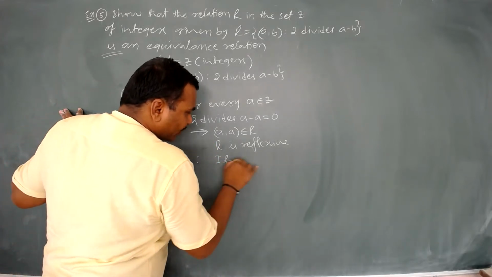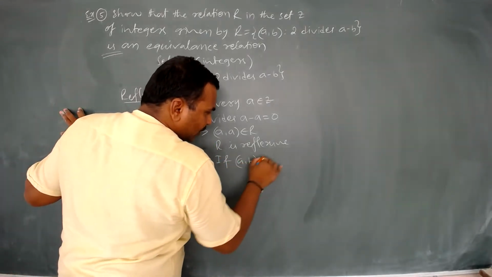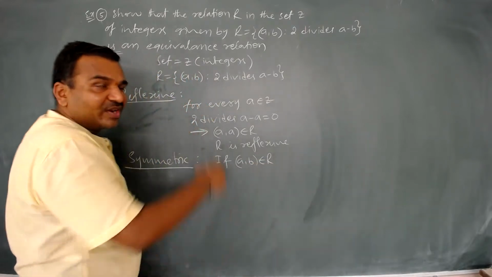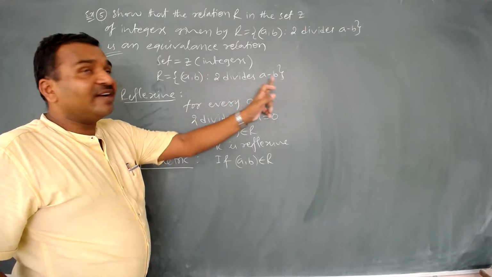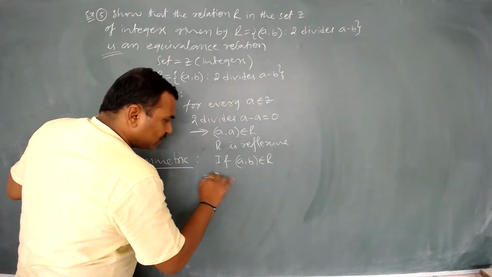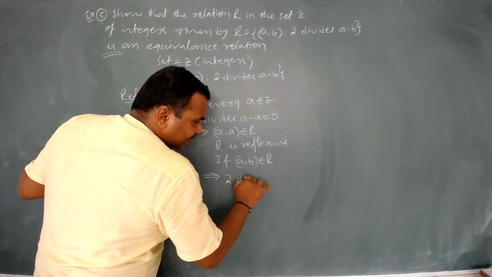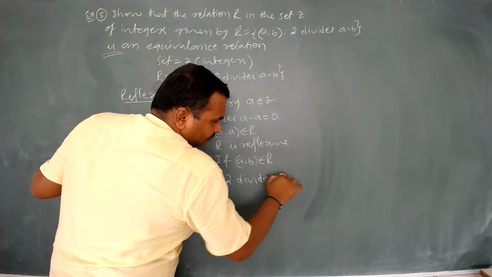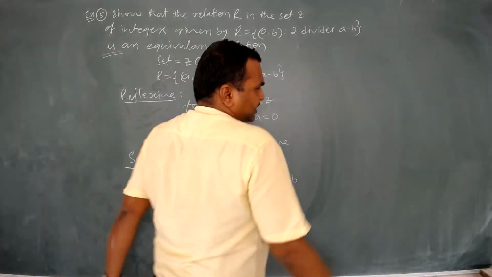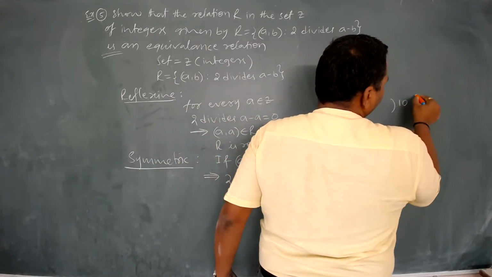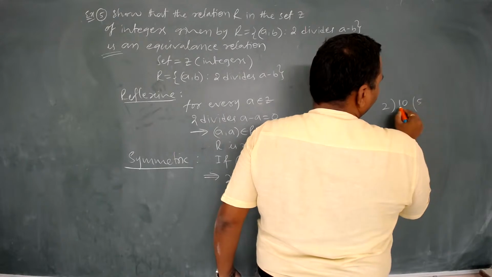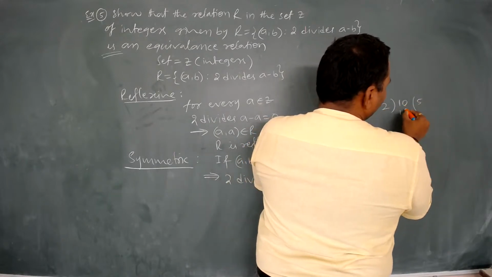If (a, b) belongs to R, then from the definition we can use 2 divides a minus b. Just check one example. See here, 10 is divisible by 2.